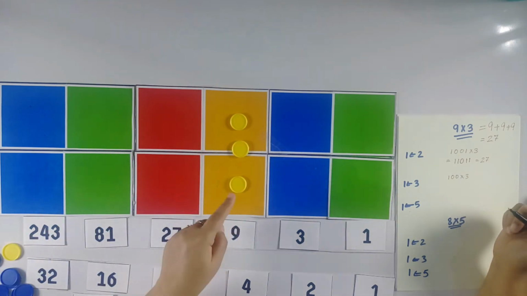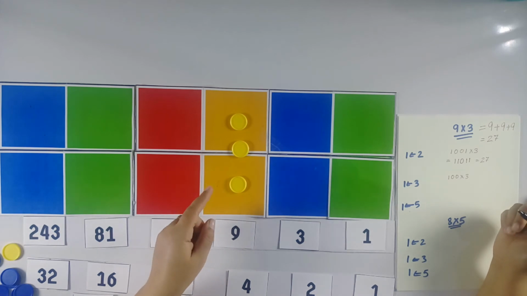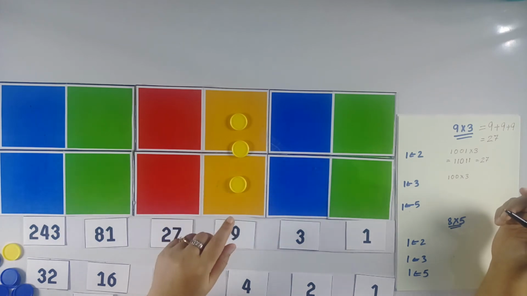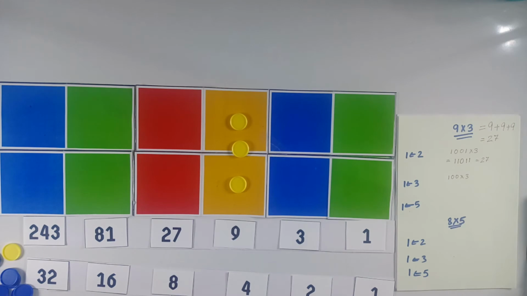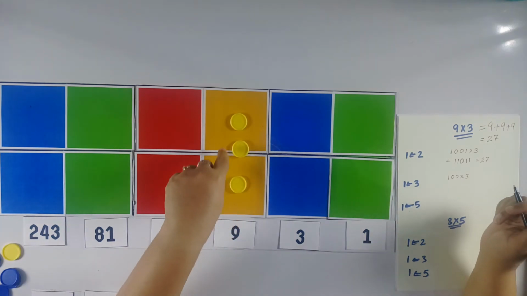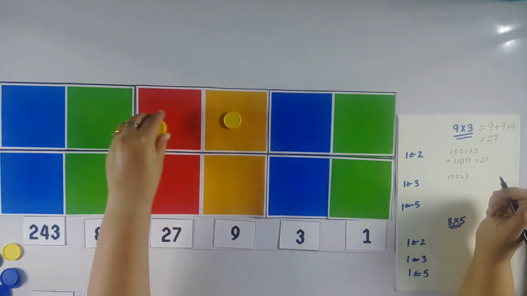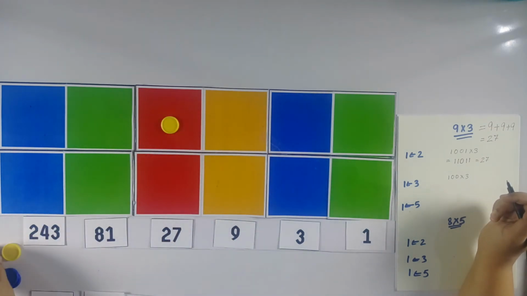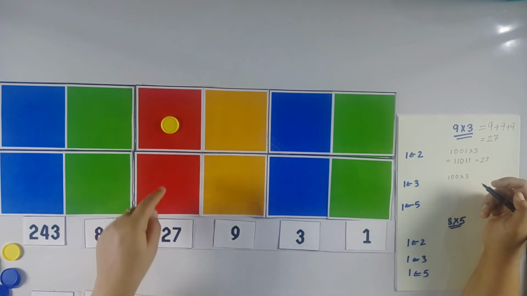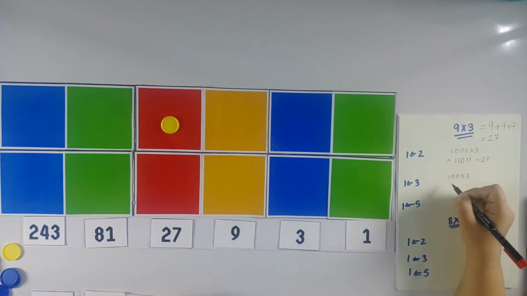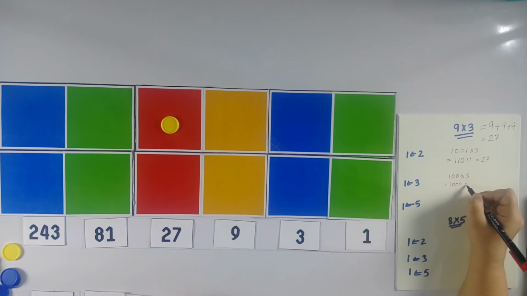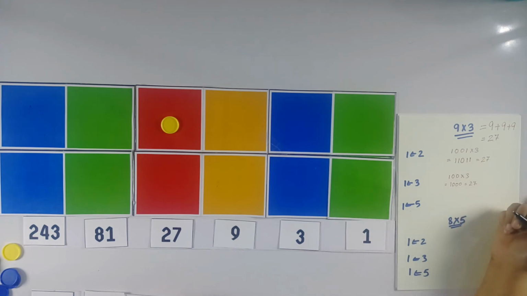What happens now? Can I have these 3 dots here in this machine? I cannot have, because that's a 3-1 machine. So what do I need to do? I need to explode these 3 dots and take 1 to the next block. And we know that this is the 1 coin of 27, so that is the same as saying 1 0 0 0, and that's 27 in the 3-1 machine.